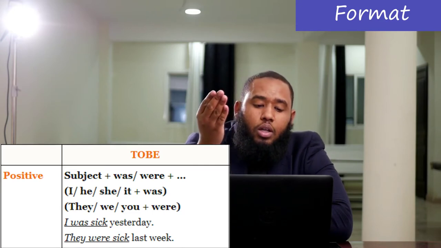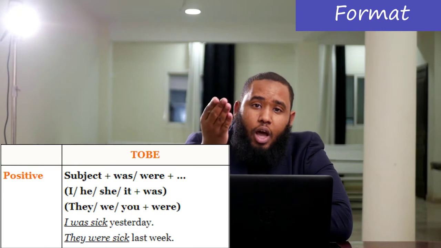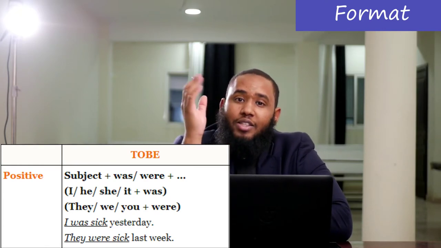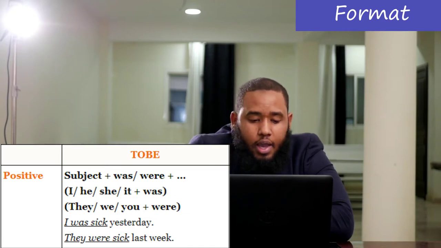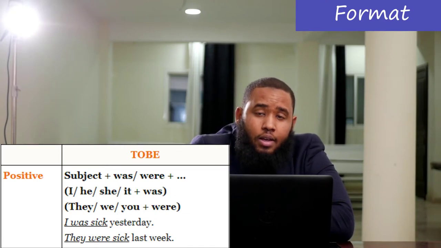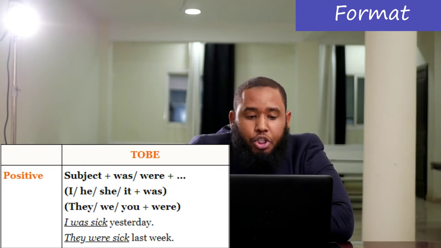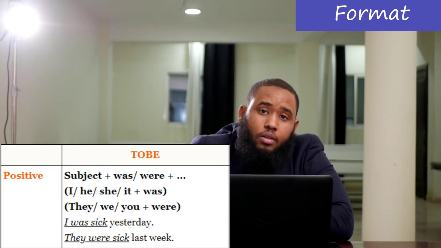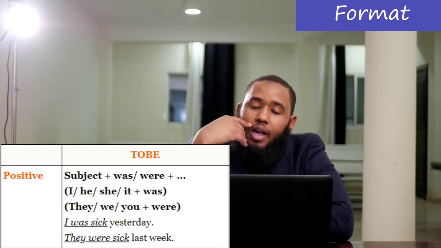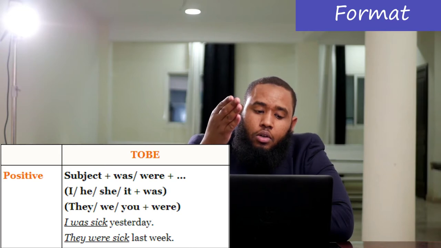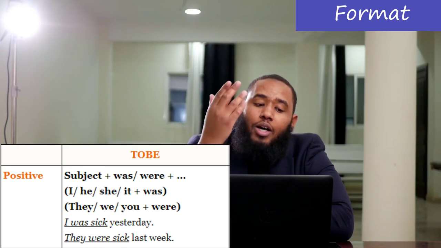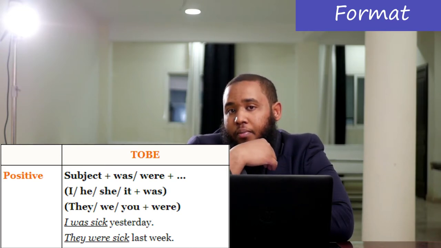Always you will have to follow it up with the word was. So as you see on the screen here, anytime you use I, he, she, or it in the past simple tense, you will have to include was afterwards. So for example, I was sick yesterday.